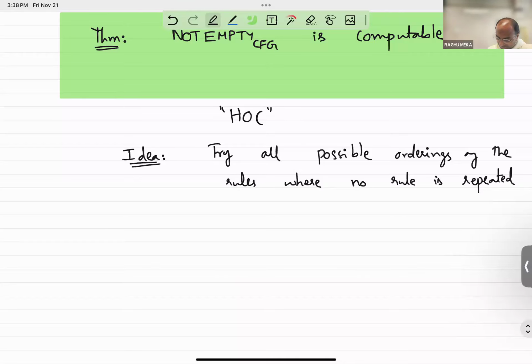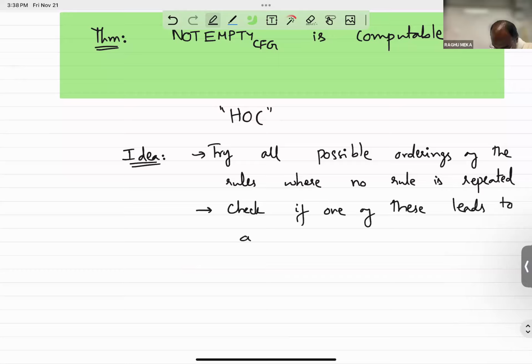And see, check if one of these leads to a terminal. Yeah, I think this would work.